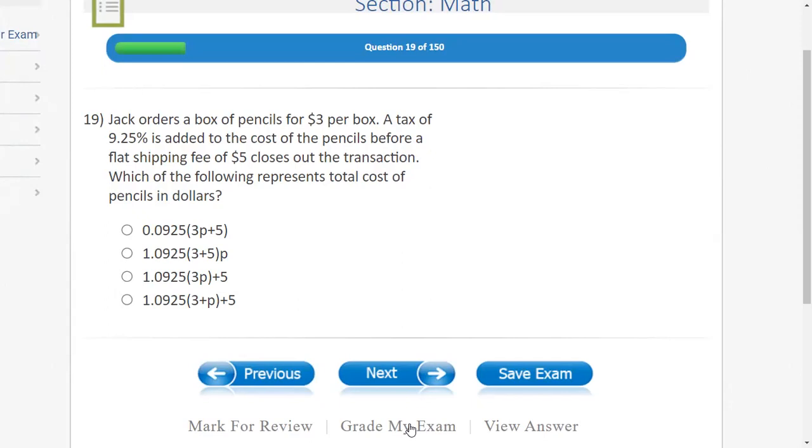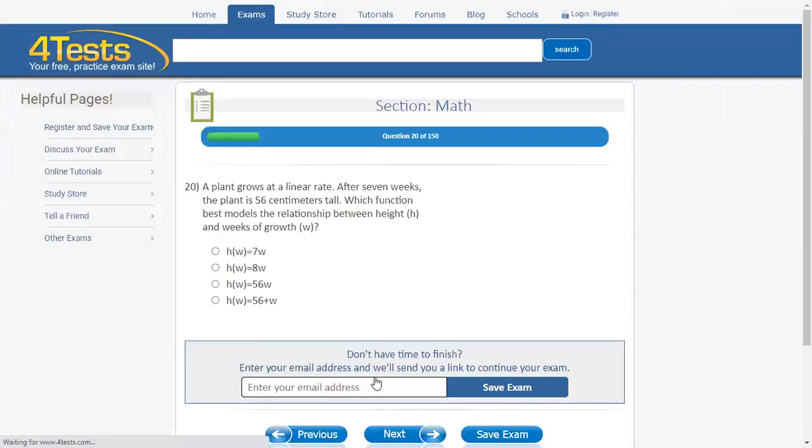Total cost has to be three times E plus 5. So I'm going to go with the second to last one.